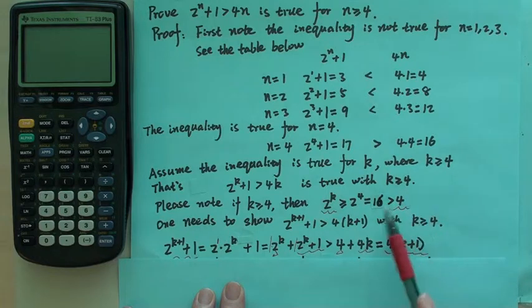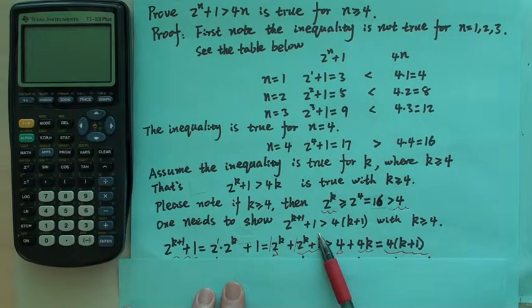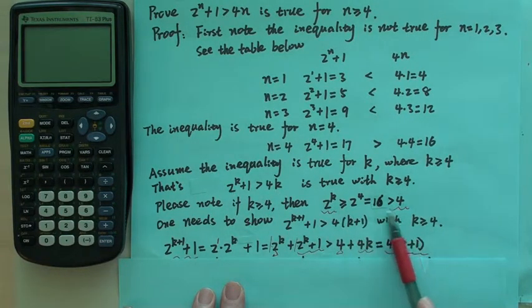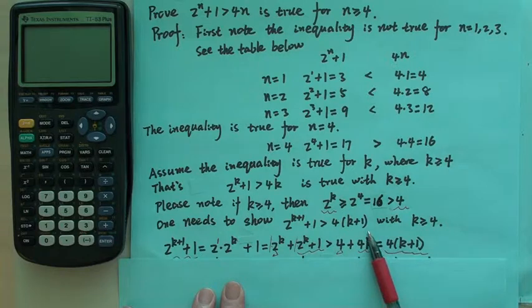You see where? 2 to the k is greater than 4. So the left-hand side, these two terms together are greater than that by assumption. This is what we have noticed because k is greater than or equal to 4. So this quantity is actually greater than this quantity.